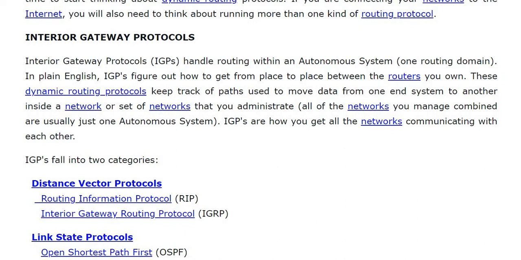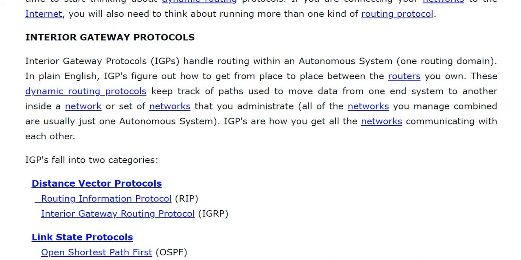We administrate it in our autonomous system, in the interior gateway protocol. So all the networks managed combined are usually just one autonomous system. IGPs are how you get all the networks communicating with each other.